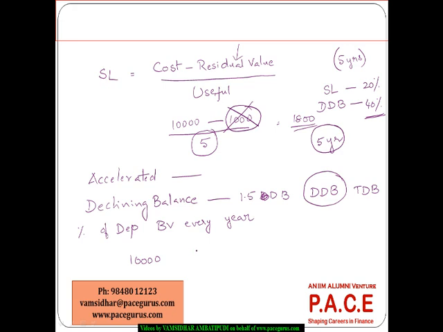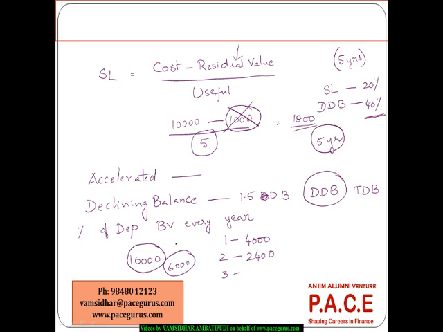So what it does in the first year, the depreciation is 40% of the book value, which is 4,000. Now, once the depreciation is 4,000, the book value will become only 6,000 because 4,000 is already depreciated. Now, in the second year, the depreciation will become 40% of 6,000. So, 2,400 will be the depreciation.